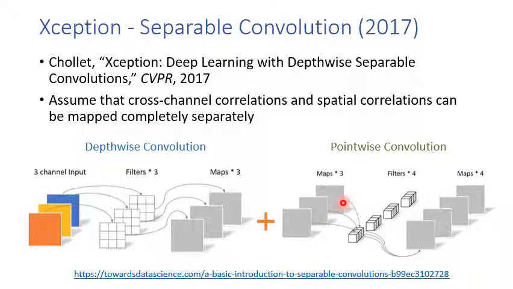So after the depthwise convolution, there will be a 1 by 1 by 3 filter to combine the 3 feature maps as one. If the output dimension is 4, then we will have 4 pointwise filters, which will have different weights to combine the 3 independent input channels. This is depthwise separable convolution.